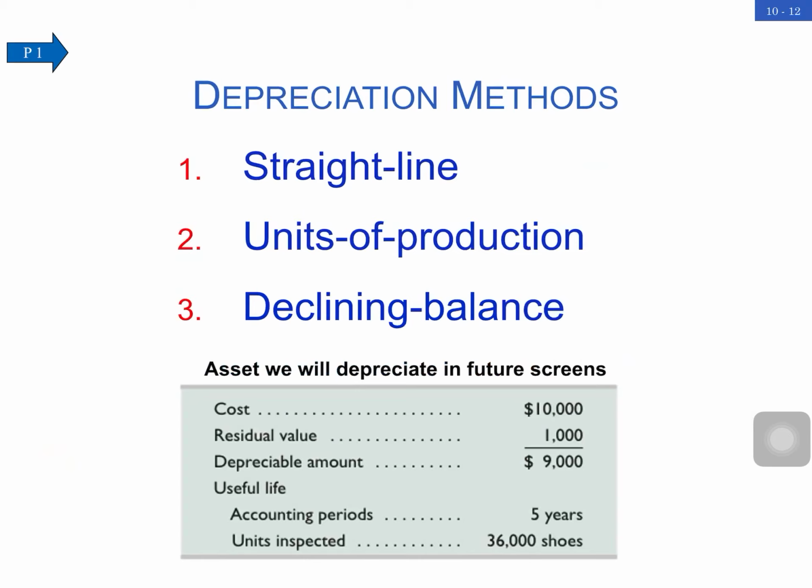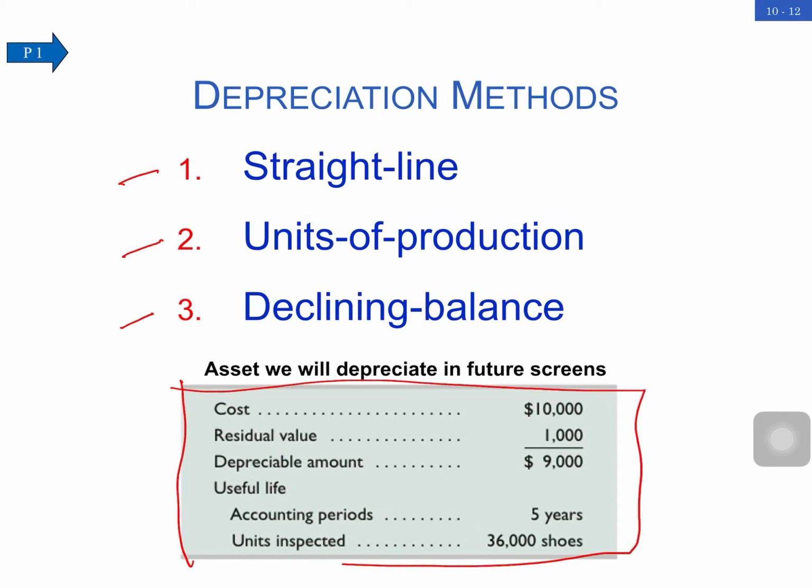The depreciation methods we have are straight line, units of production, and declining balance. So we're going to study these more deeply. This is the illustration that we're going to use in all these three methods.